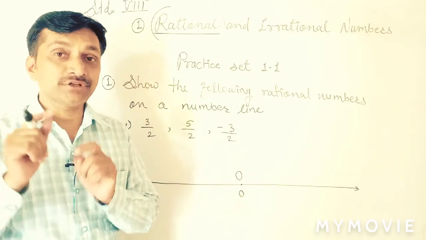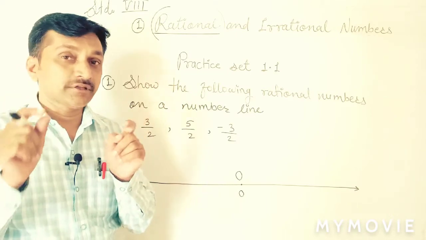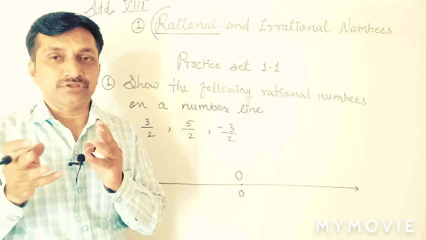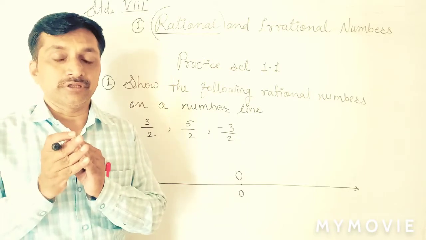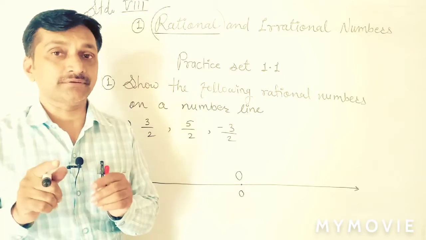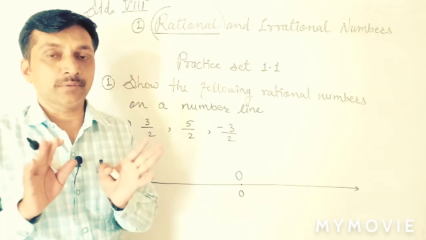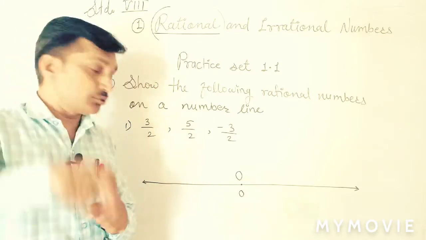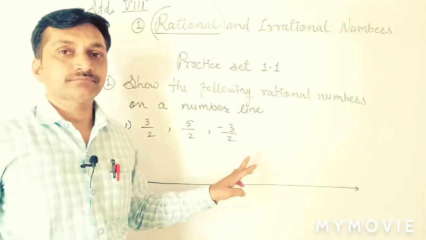If you are taking 1 unit equal to 2 centimeters, then 2 parts of 2 centimeters means 1 centimeter. Unit may change. If you are taking 1 centimeter, 2 centimeters, 3 centimeters as 1 unit, you can. No problem about that. But whatever unit you are taking, you have to make 2 parts of that.